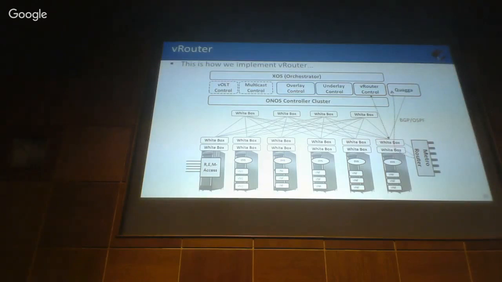The upstream network that we peer against, we peer with BGP and OSPF, and we send that to Quagga. Quagga informs the vRouter and the underlay about the peering information and provisions it back down to all the switches in the network. Okay? So essentially, we've built a large distributed virtual router.